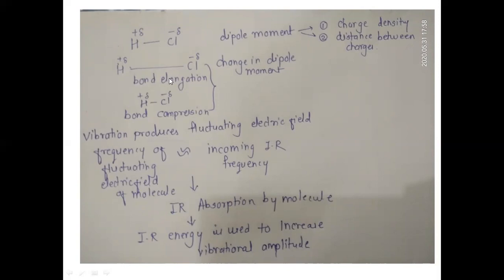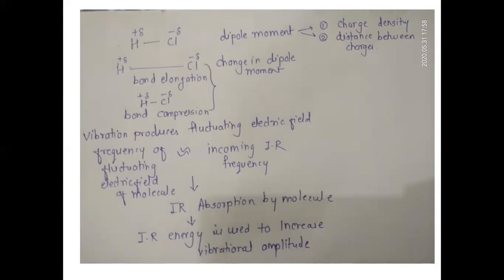As you can imagine, HCl is vibrating, there is a change in the bond length, the bond is gradually elongating and compressing. When this happens, the molecule produces its own fluctuating electric field, which has its own frequency. Each bond is vibrating at a certain frequency.